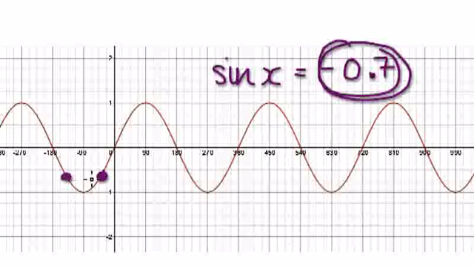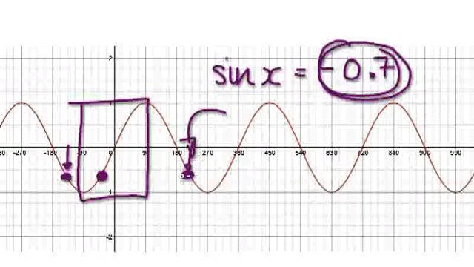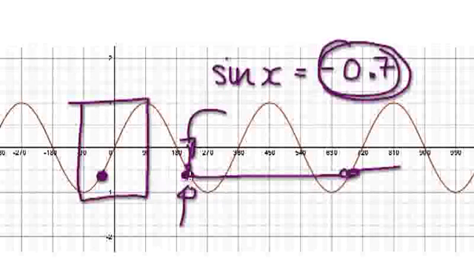Don't forget you've got this other point to deal with, or you can use this one here. I prefer to use this one because it's positive. So identify this one as opposed to this one, and then you can keep on adding multiples of 360, and take away 360 as well.